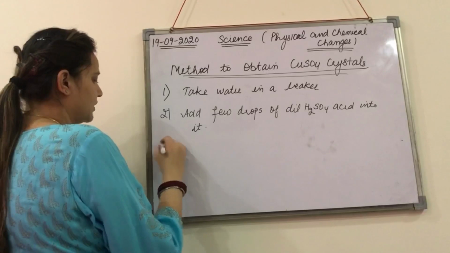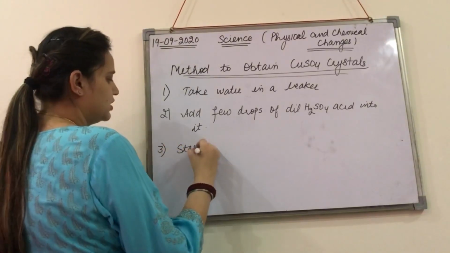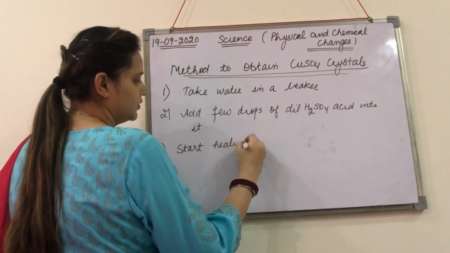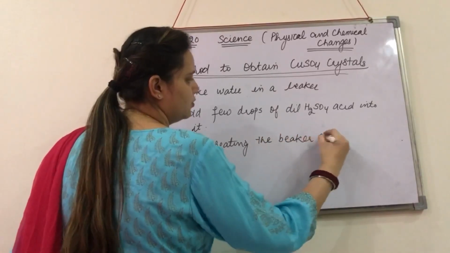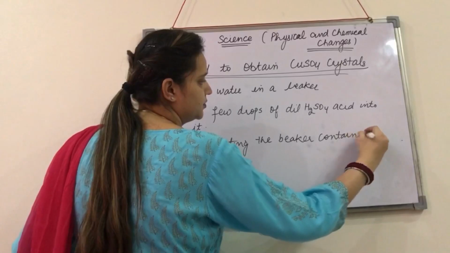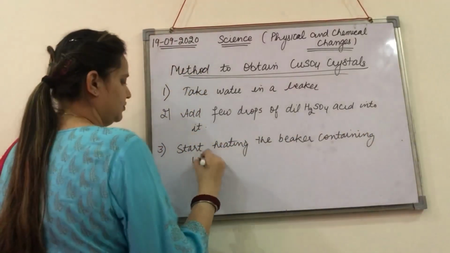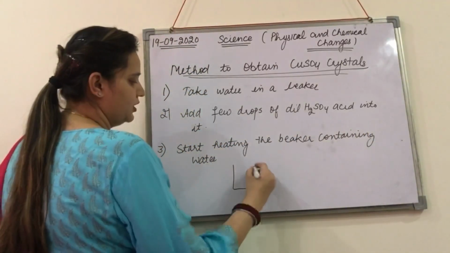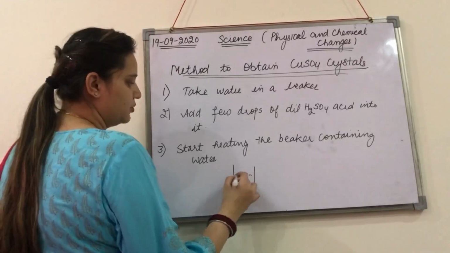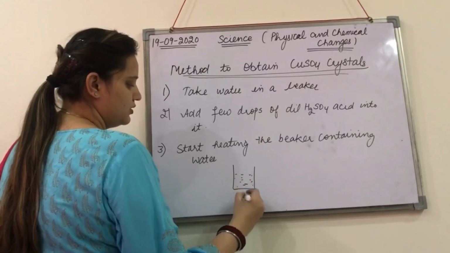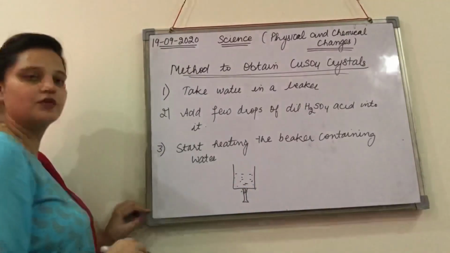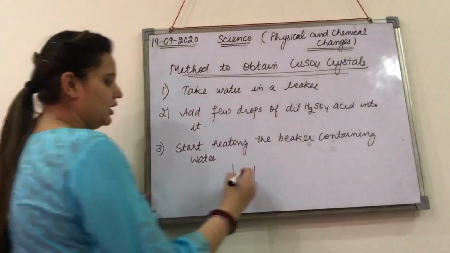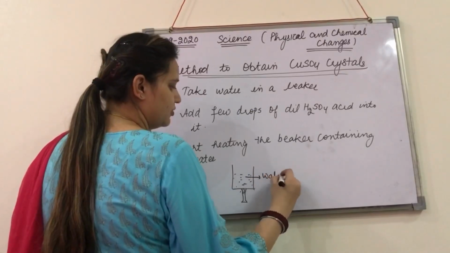Then start heating the beaker containing water, right? So what we have done: we have taken the beaker, added water, and we are heating this water. We have added water plus dilute sulfuric acid.